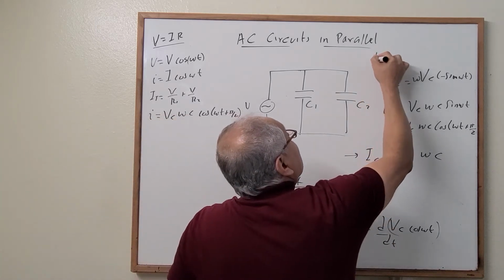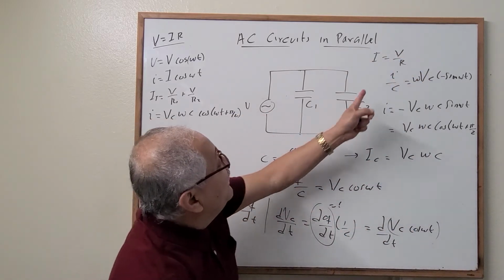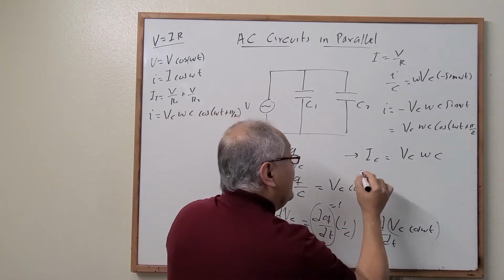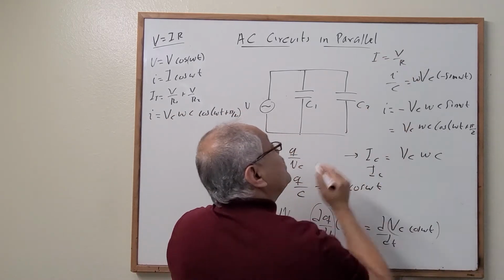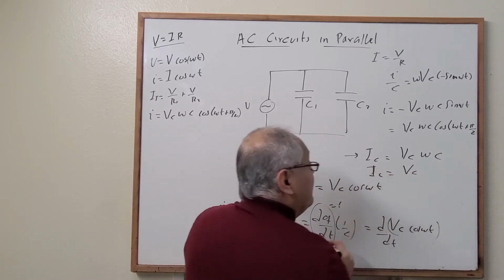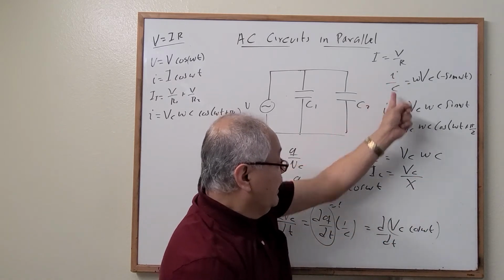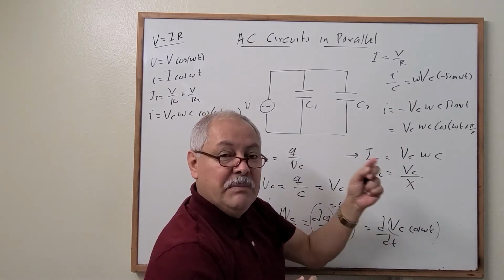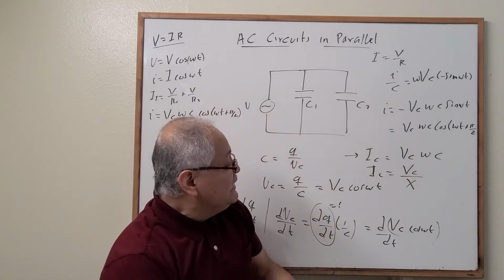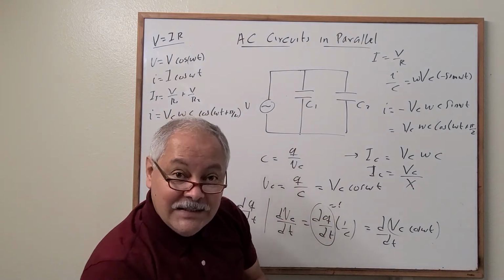Now let's find the current again using Ohm's law. Remember, current is equal to voltage over resistance. Now when we compare this quantity to this quantity, we can also represent current in the same way as we use Ohm's law, right? So current is equal to the voltage of the capacitor divided by the quantity that represents the resistance. Remember from the previous chapters, we know that this quantity is called reactance, right?